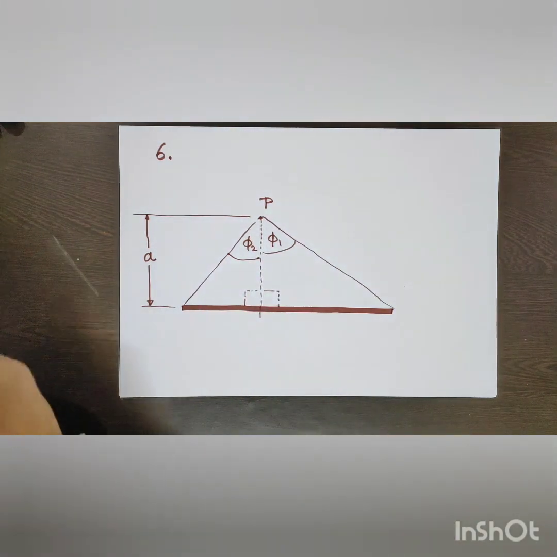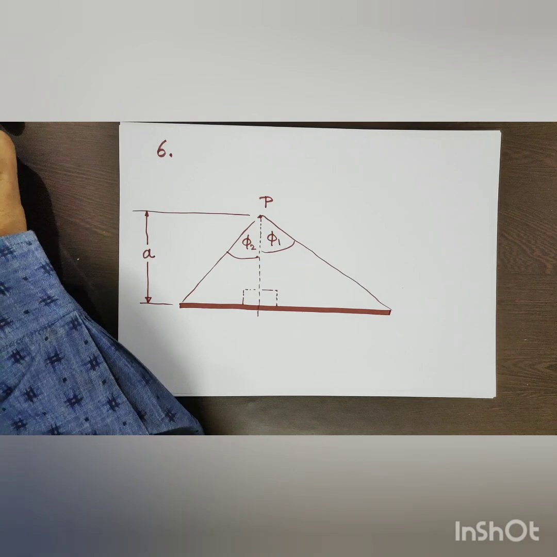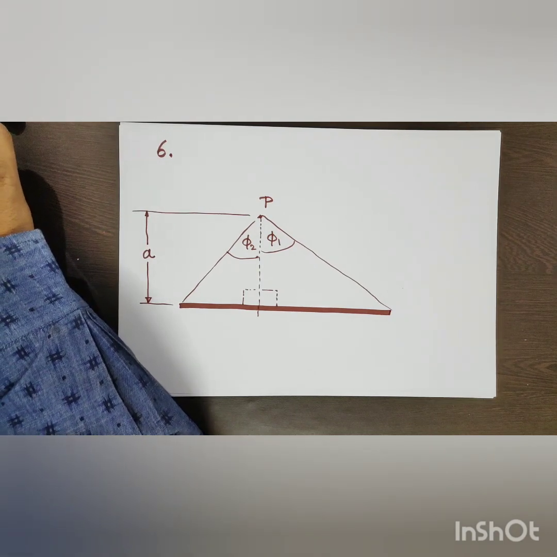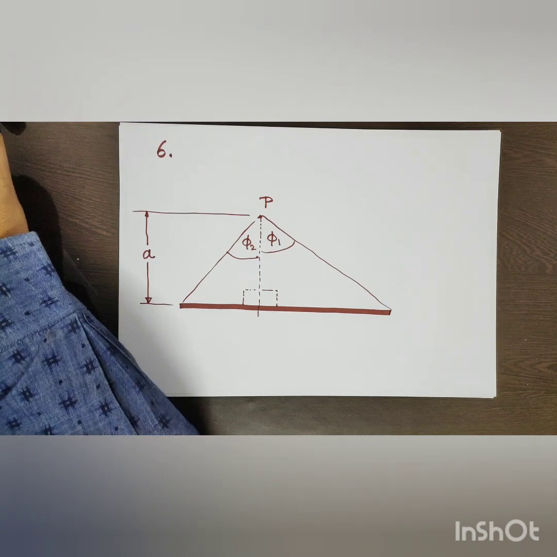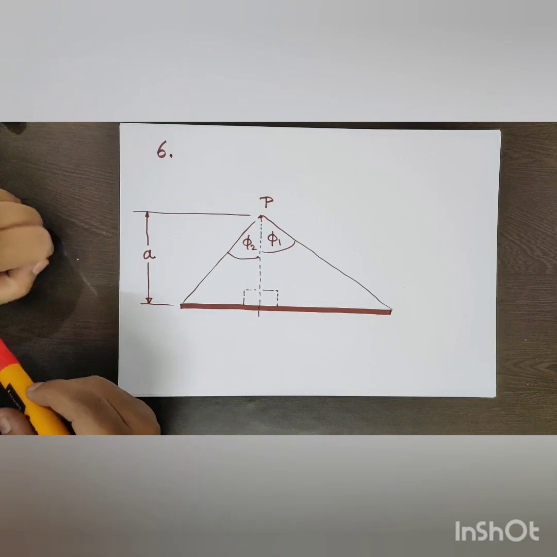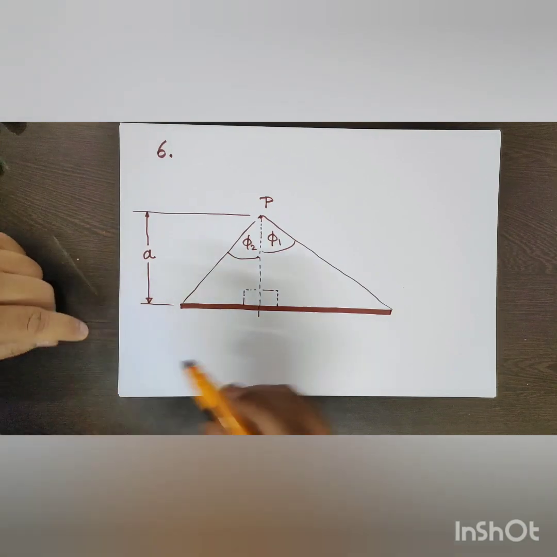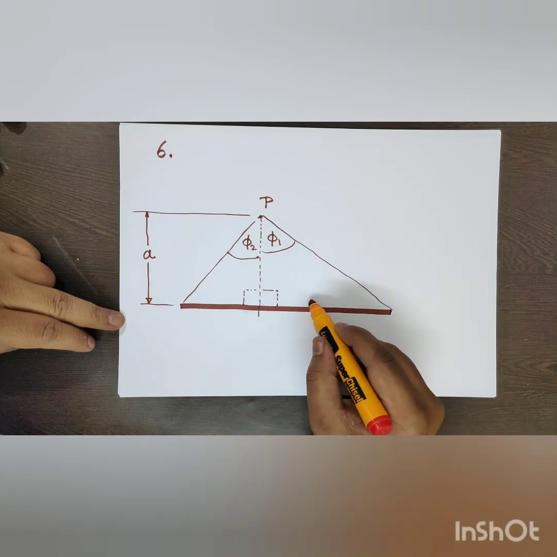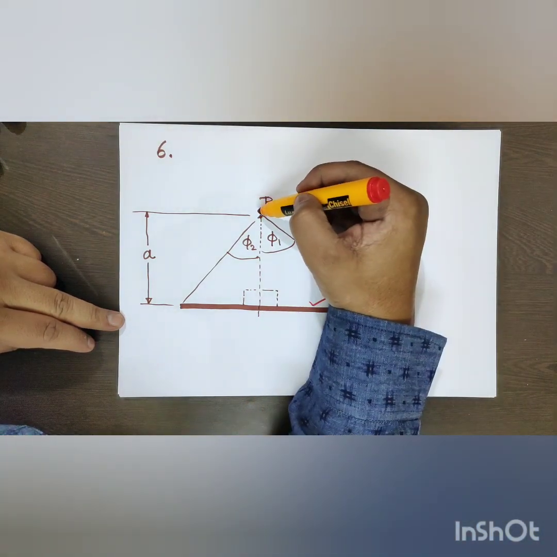Right. Now we'll calculate the field at point P, and for that also you have to consider the x and the y components, right? Now suppose this is the red side, this is the red side, okay.